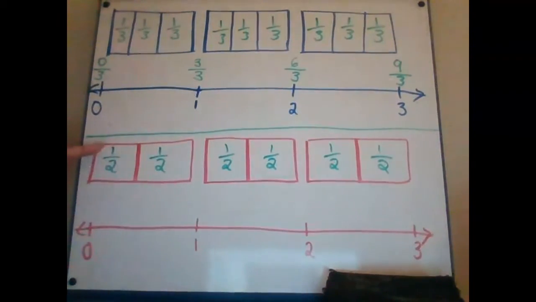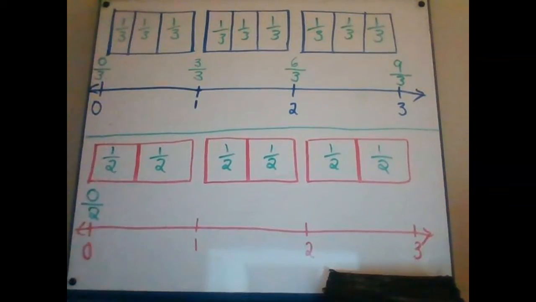Okay, number on top tells me number of parts being counted for. Number on bottom says total number of equal parts in a whole. In the one whole, there's 2 equal parts. Again, 0 on the number line means I'm not counting any parts, so I have 0 equal parts to be counted for. Number of equal parts in a whole, 1, 2 equal parts.